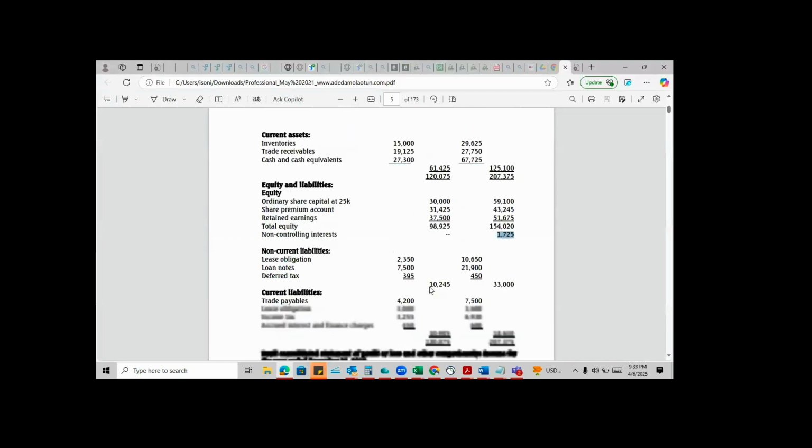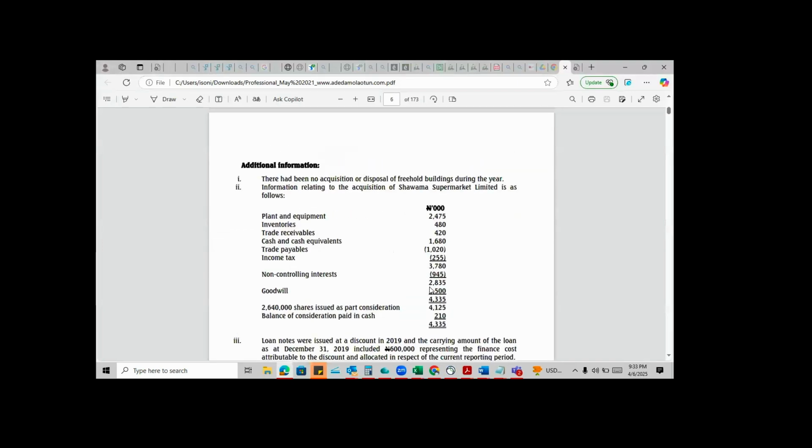Let's look at that breakdown. We issued 2,640,000 shares, and that amounted to 4,125,000.